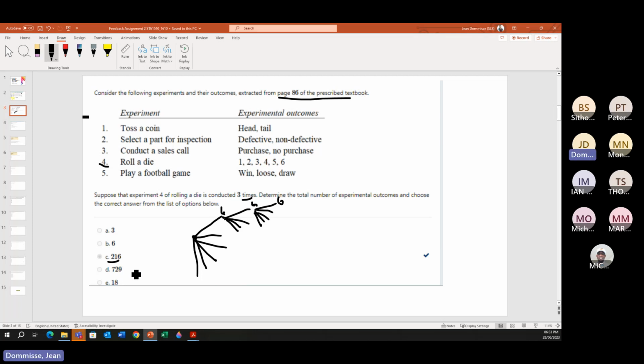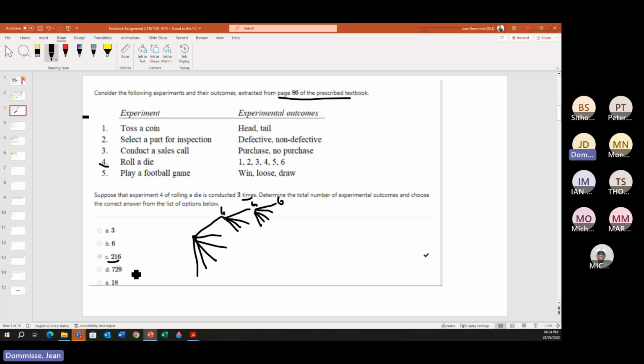So how would we have gotten to 729? 729 is also a weird one because how do you get to that? Because it's a non-equal number.